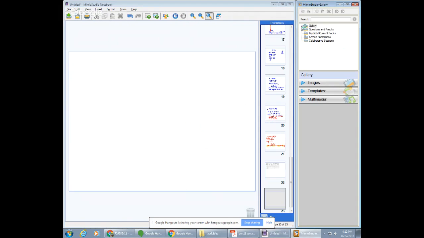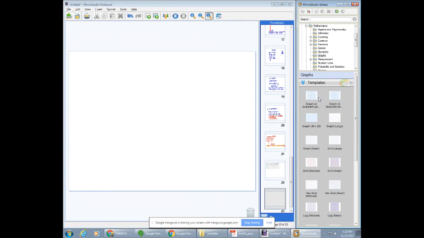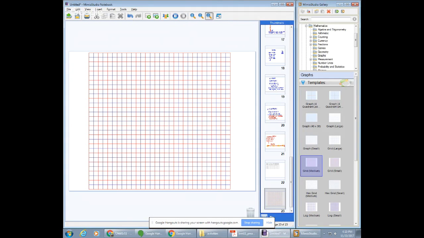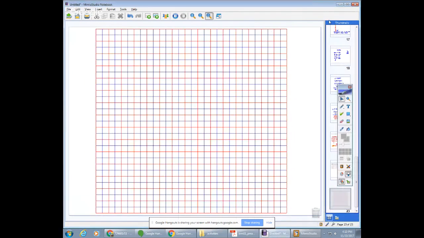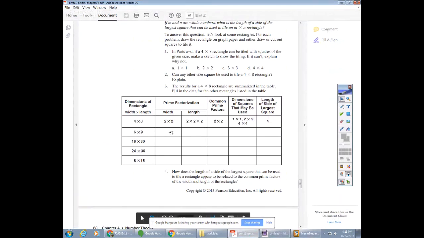How about in the medium grid, maybe? That'll work. So let's go over their example for 4 by 8, and we'll try it for 6 by 9, and then I'll set you guys free to take a look at it.